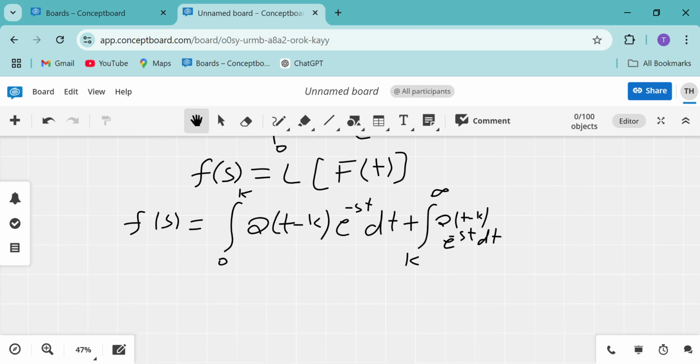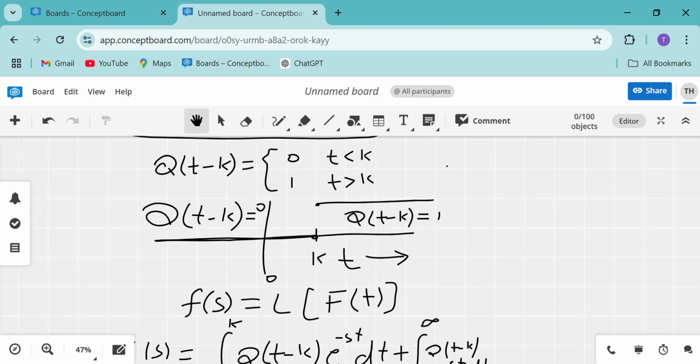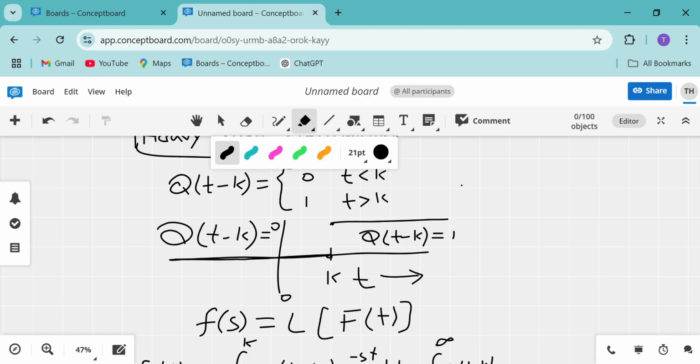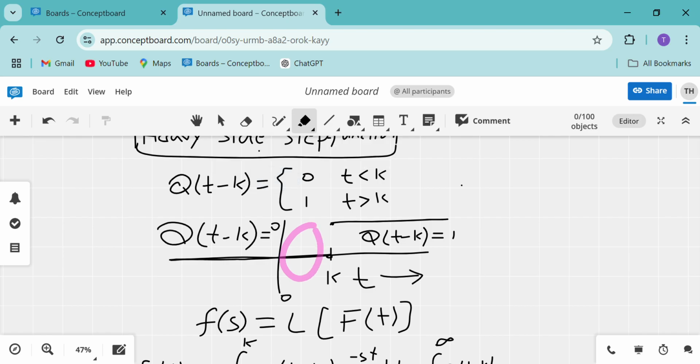Now I can write, because in the region of 0 to k, our step function u(t minus k) is equal to 0, our whole integral will be equal to 0, plus k to infinity, where u(t minus k) is 1 in this domain.